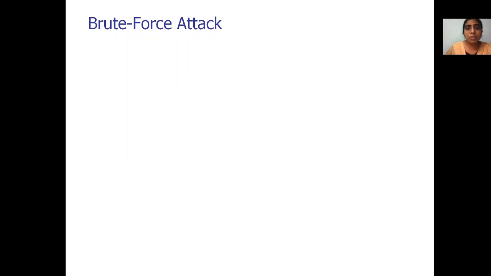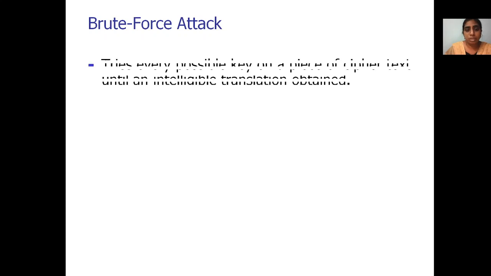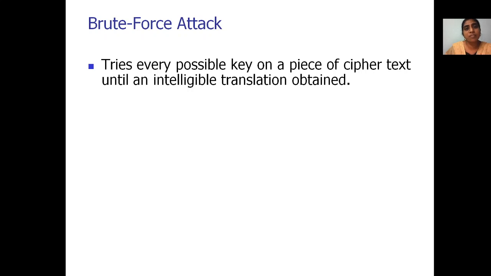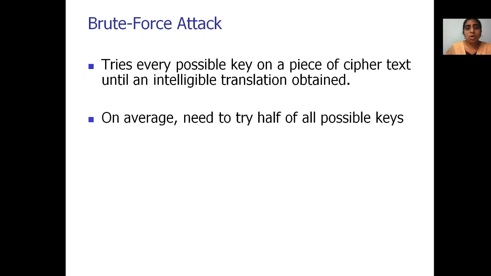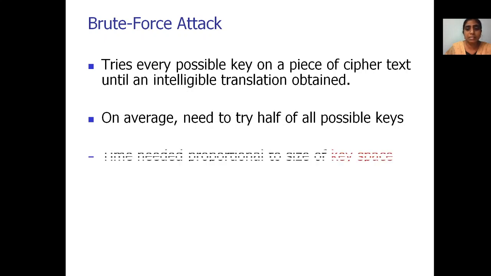Next, coming to the brute force attack. A brute force attack is where all possible keys are tried by the intruder. He tries every possible key on the ciphertext to get the plaintext. On average, he needs to try about half of all possible keys.